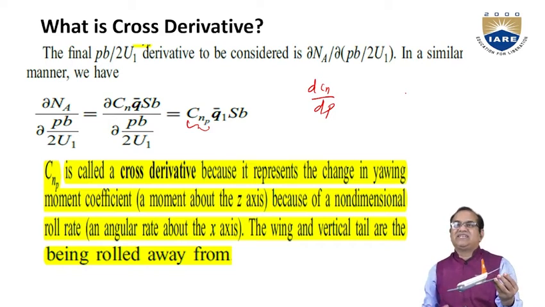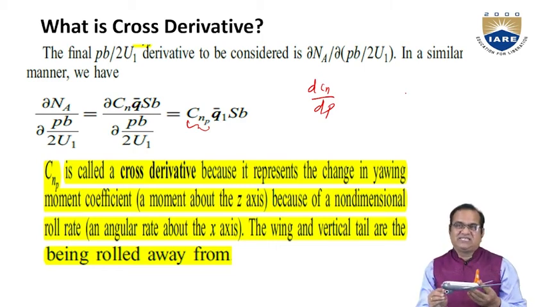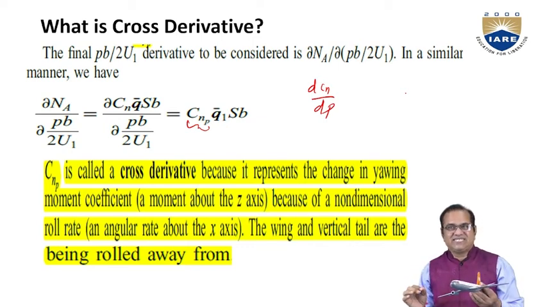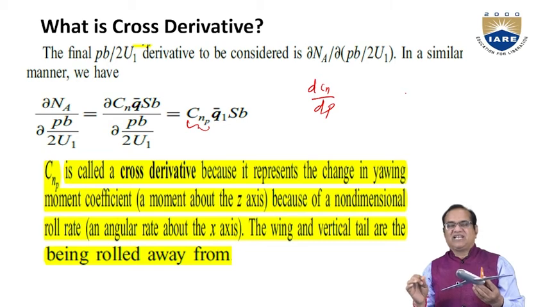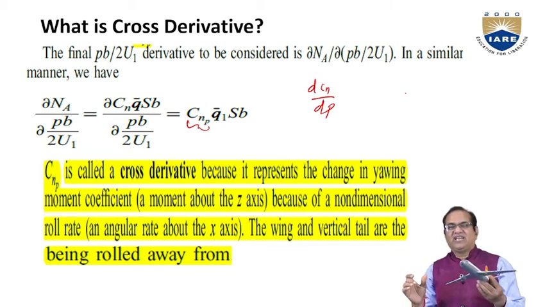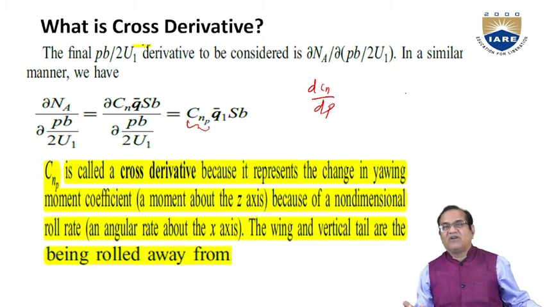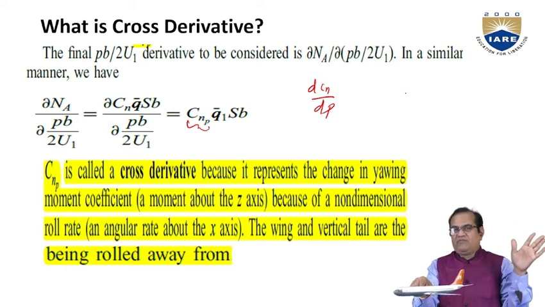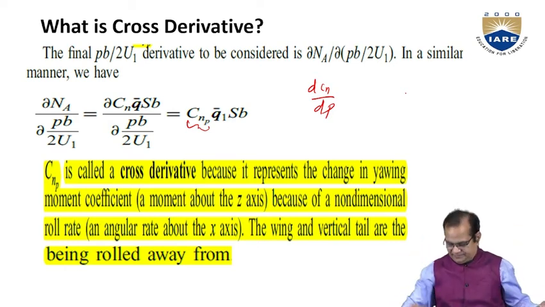So that is the meaning of Cnp. Cnp is called the cross derivative because it represents the change in yawing moment coefficient, that is Cn, about the z-axis because of the non-dimensional change in roll rate. The wing and vertical tail are being rolled away from. They are going away.